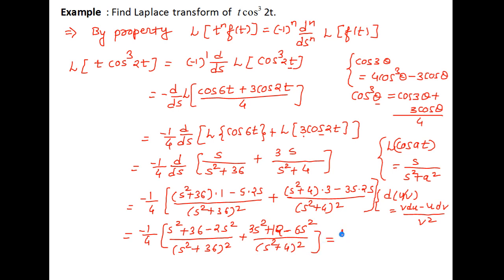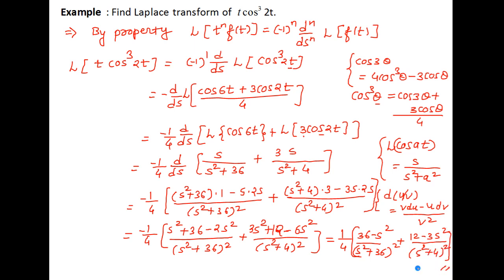And now if we simplify the terms, what do we get? s square minus 2s square means it is 36 minus s square upon (s square plus 36) whole square, plus again 3s square minus 6s square means it is 12 minus 3s square upon (s square plus 4) whole square. That is our final answer.